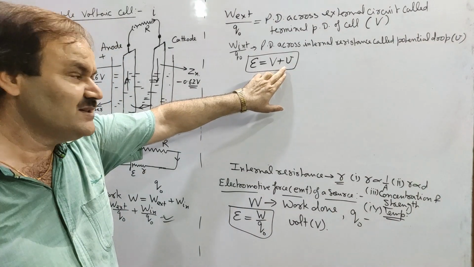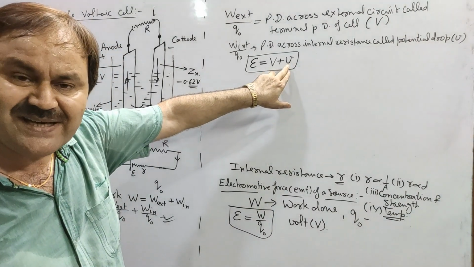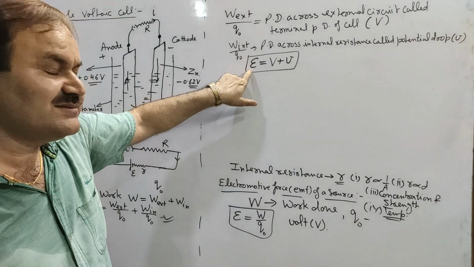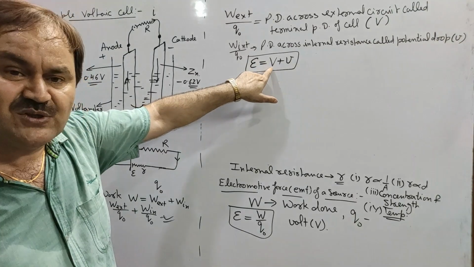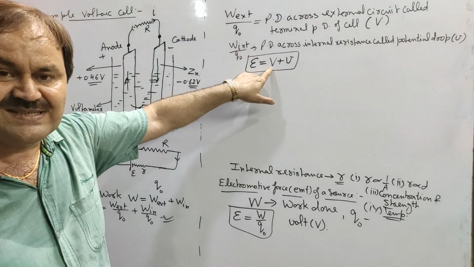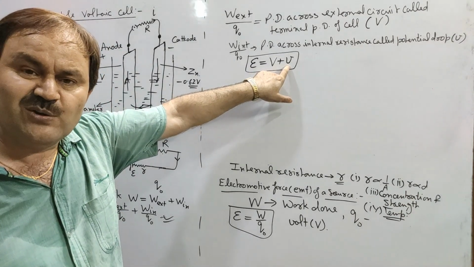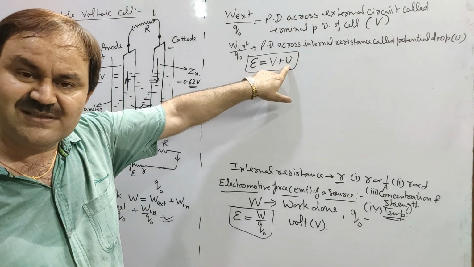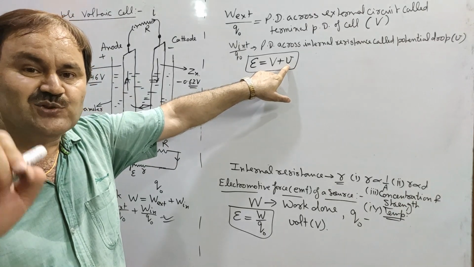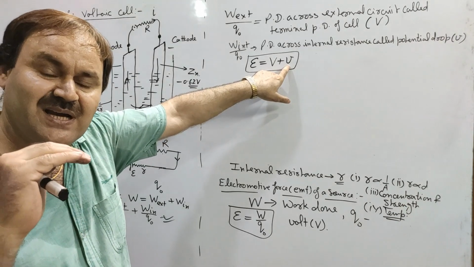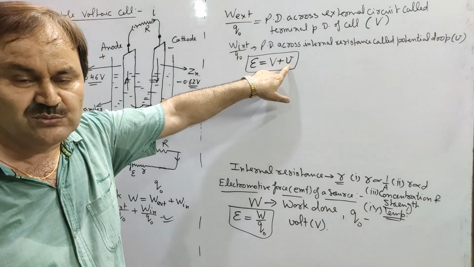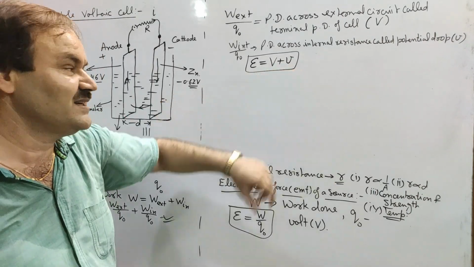Whether cell is giving current or it is not giving any current, EMF as well as terminal potential difference will always exist. But this small v, meaning potential drop across internal resistance, will take place only if current will flow through the interior of the cell.